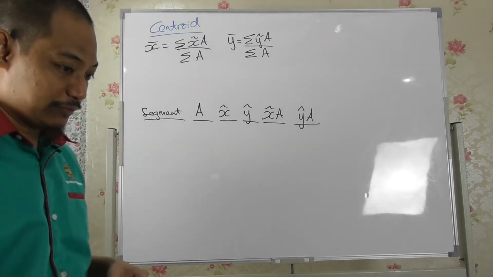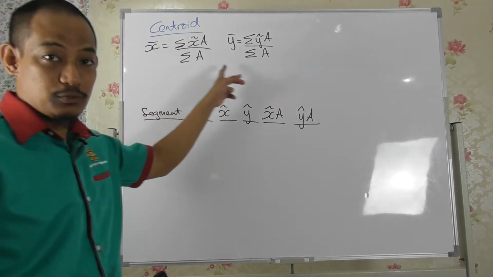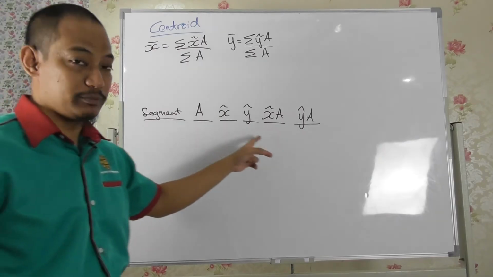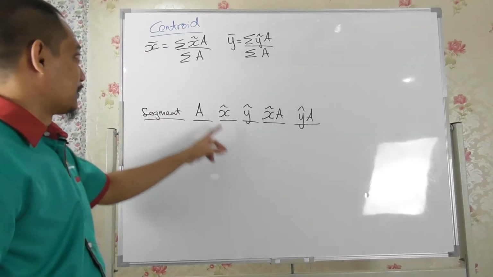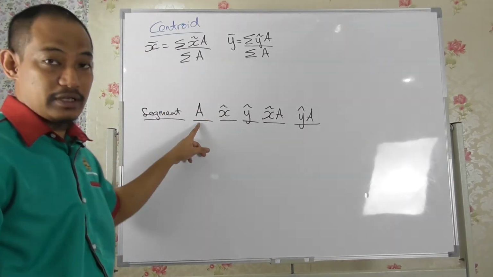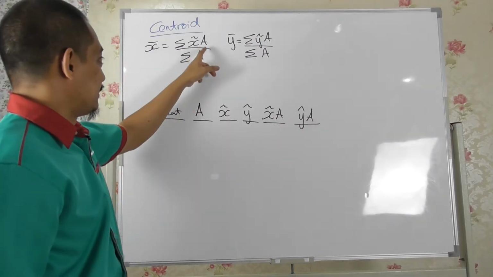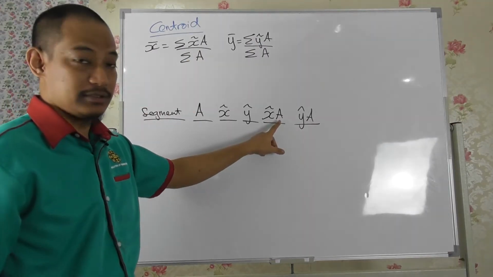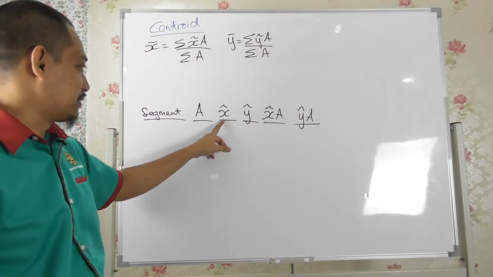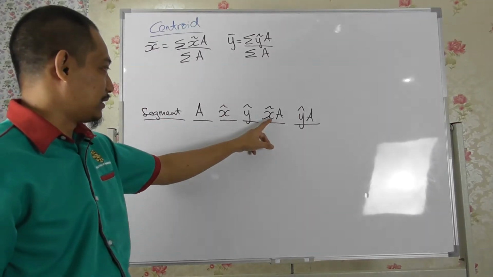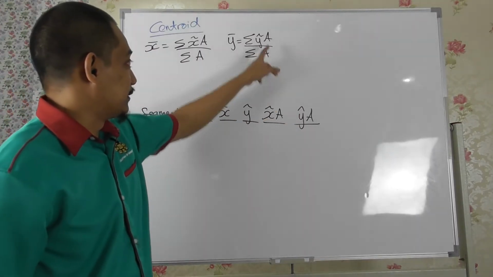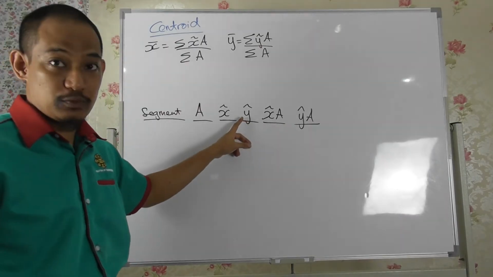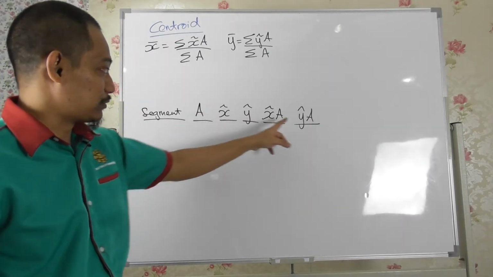How come? If you already know what equation you want, then obviously you know what columns you have to have. For example, you have A, and then you need xA, so you need x and A. First you establish x, so you can multiply to get xA. You need yA here, so you establish y, and then multiply y with A to get yA.